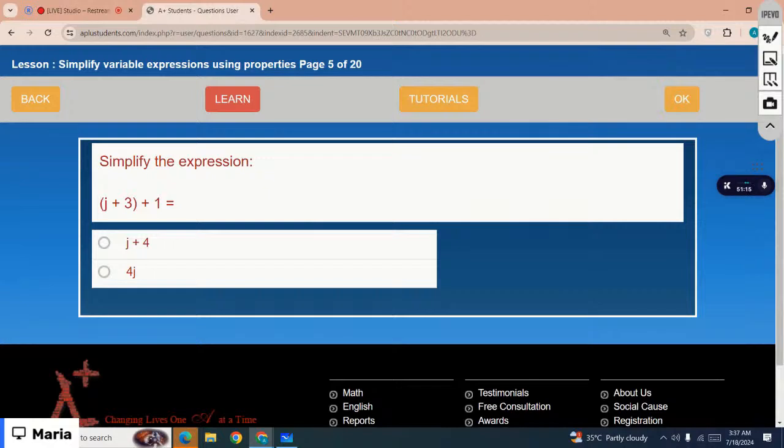Okay, simplify the expression j plus 3 plus 1, which is the correct option. Yes, j plus 4, option number one is the correct option.